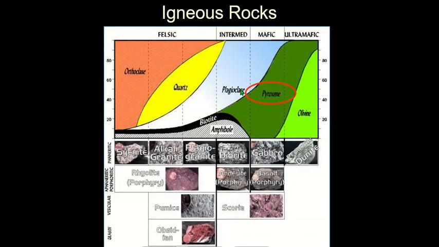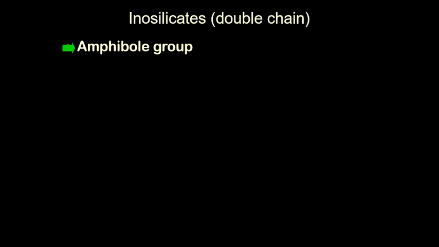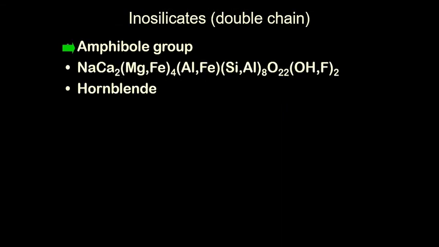These are also important rock-forming minerals. This is gabbro or basalt, so this is mafic rock, has a lot of pyroxene in it, and some plagioclase and sometimes some olivine, but it's mostly pyroxenes.